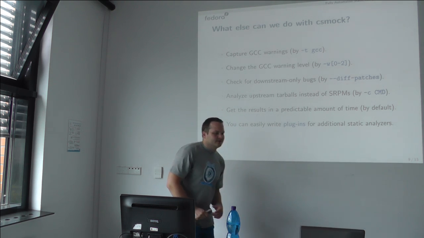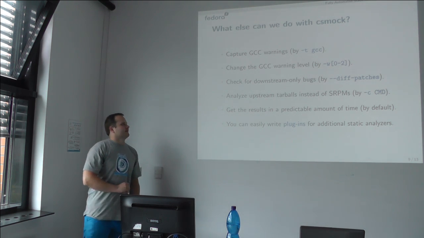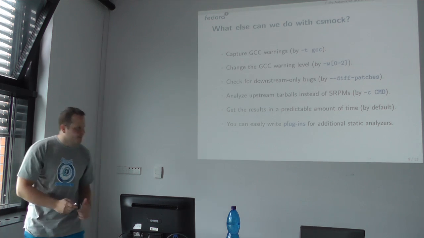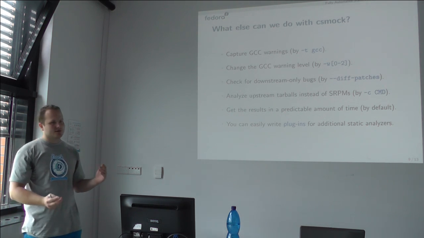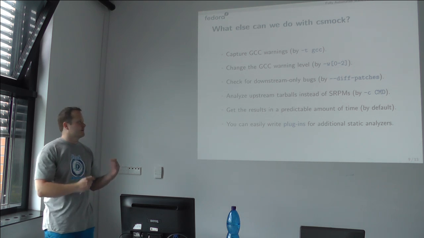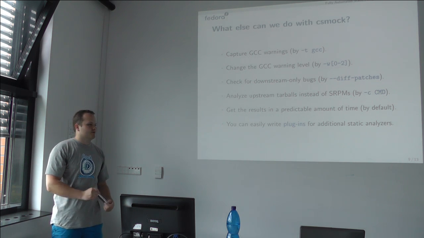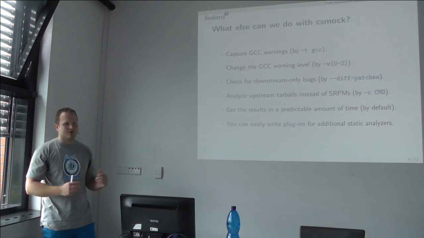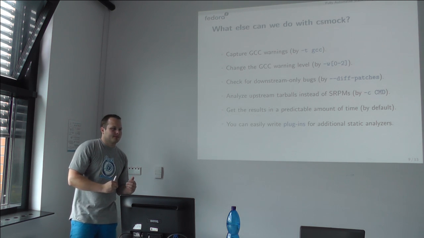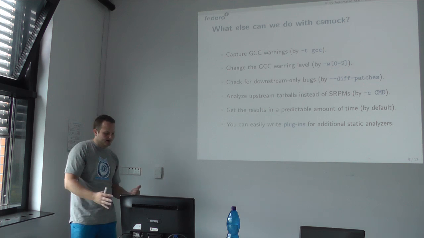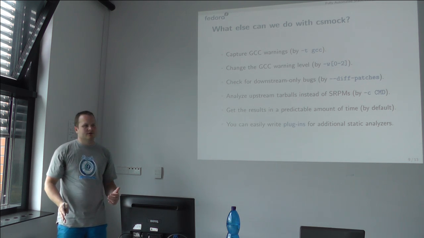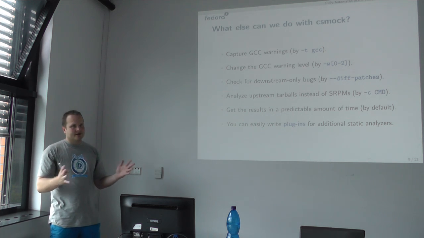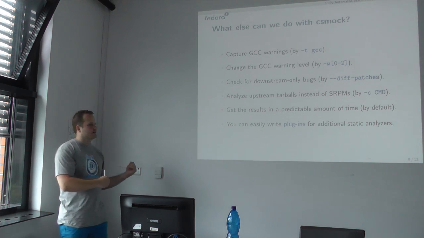So what else can we do with csmock? As could be seen in the results, it captures GCC warnings if we ask for it. What is more interesting is that it can change the GCC warning level. So if we have a package that produces no warnings during build, we can increase the level and find some issues that were hidden before.